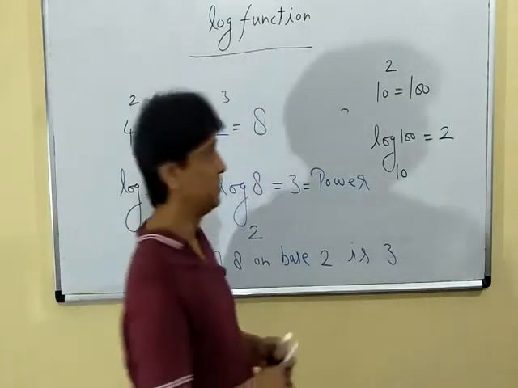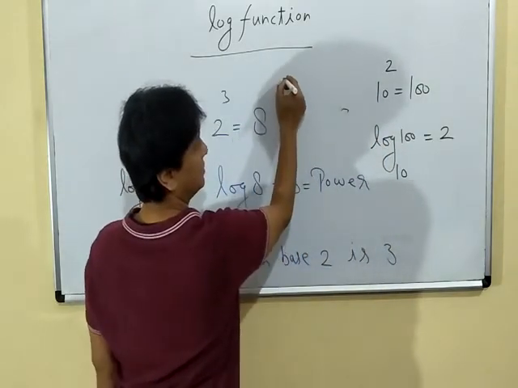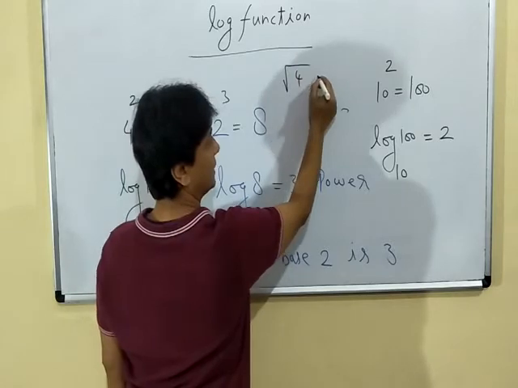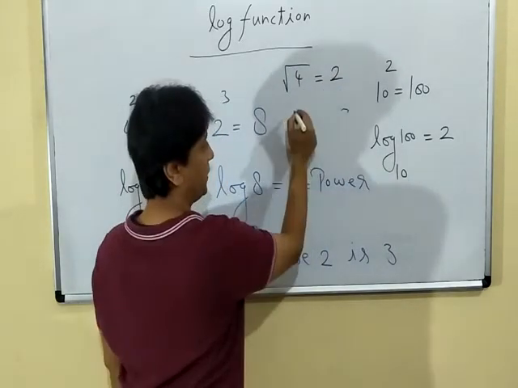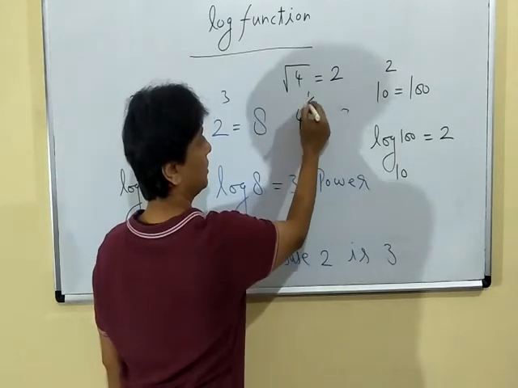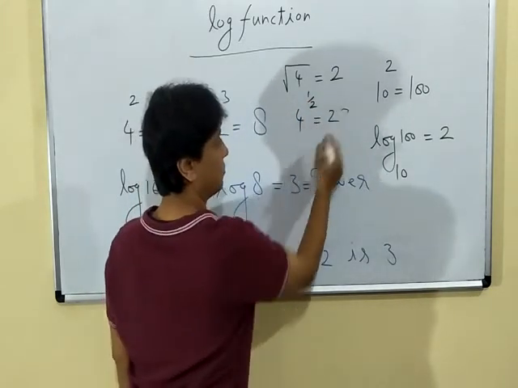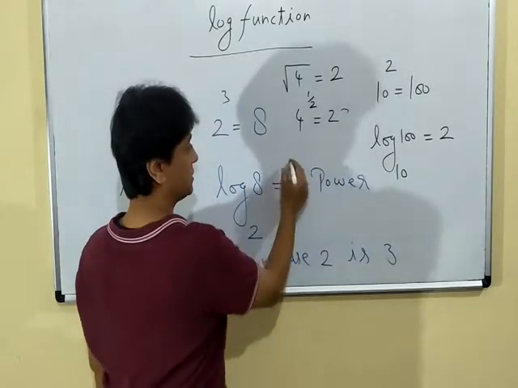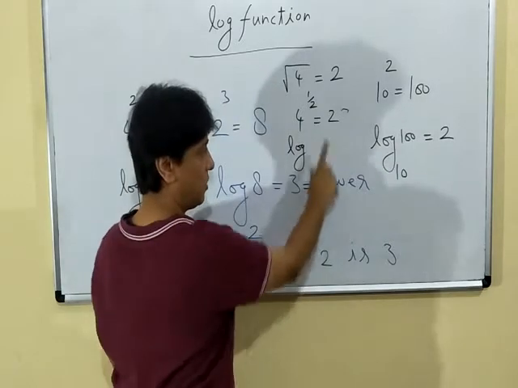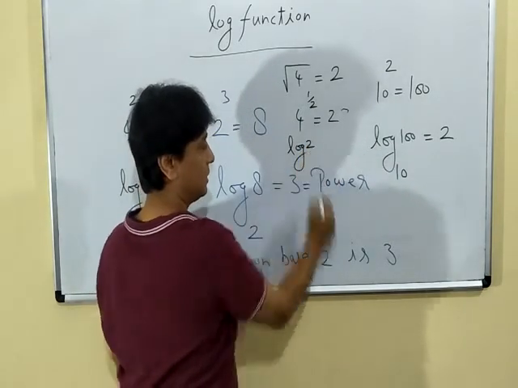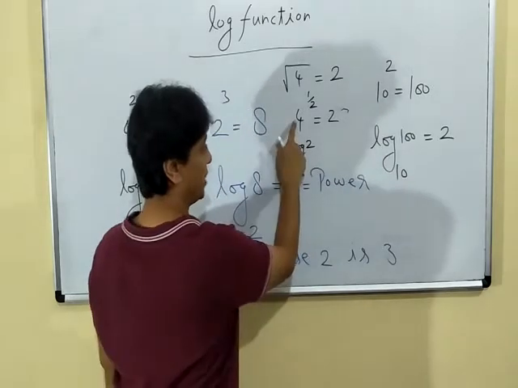Let's take another example. Square root of 4 is 2, which means 4 to the power half is equal to 2, which means log किसका? of 2. बेस क्या है? किस चीज पर पावर रेस की हुई है हमने? 4.